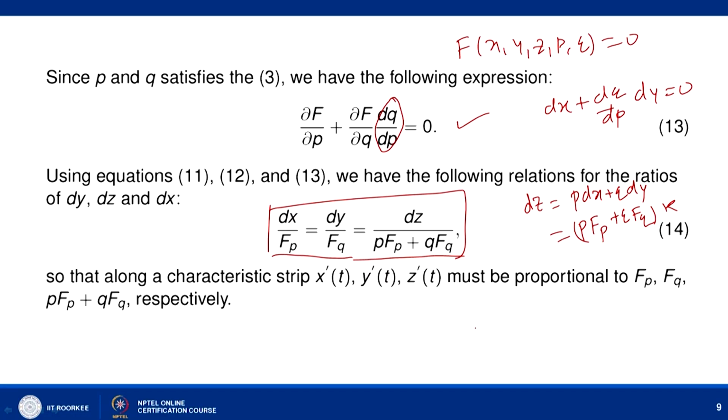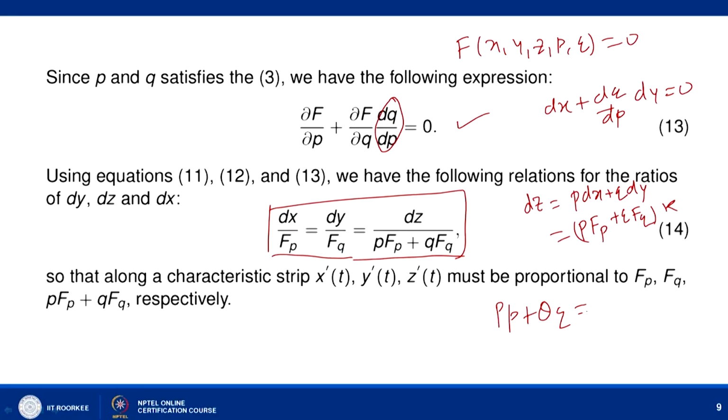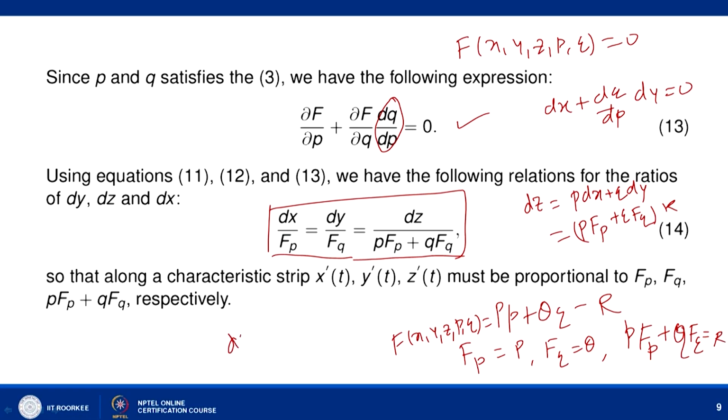Recall that in the case of the Cauchy linear equation, rather than the nonlinear equation, your equation is P p plus Q q equal to R. If we denote the equation f of x, y, z, p, q as this, with minus R in place, then fp is capital P, fq is capital Q, and p fp plus q fq is equal to R. So this equation reduces to dx by P equal to dy by Q equal to dz by R, and that is how you solve your Cauchy linear problem, by solving this set of differential equations.